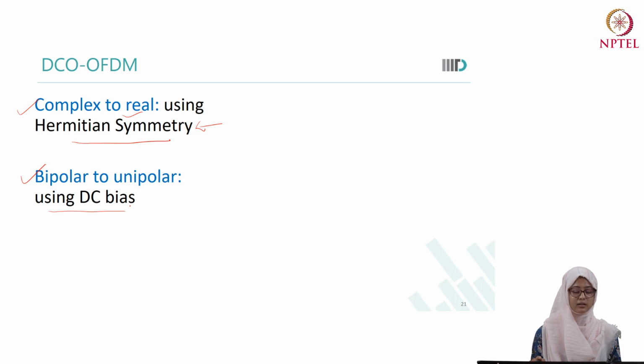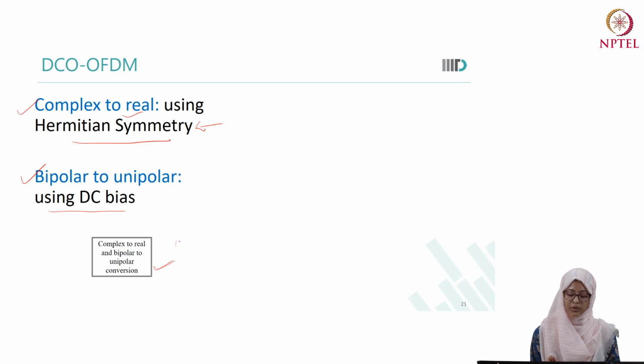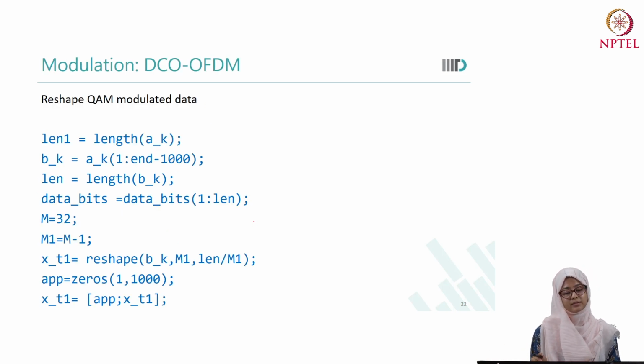At times, we even separate the real and imaginary components of the data, followed by DC bias addition or even negative signal clipping, for real and unipolar data. So this is the block which is very important and defines optical OFDM, and different optical OFDM schemes have different techniques for this conversion.